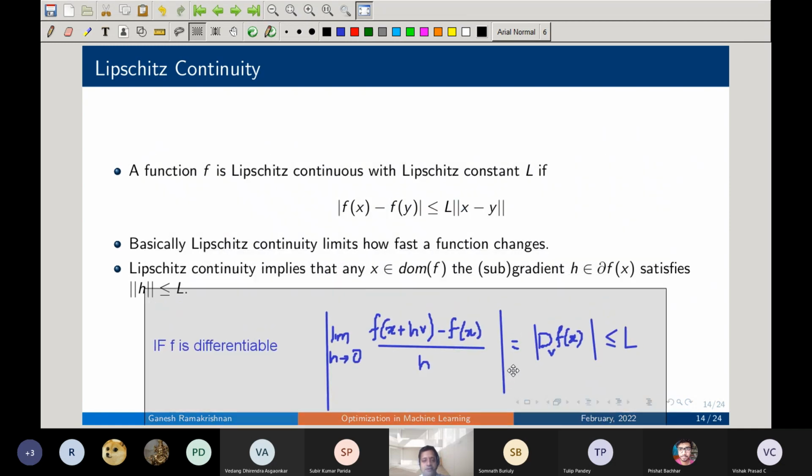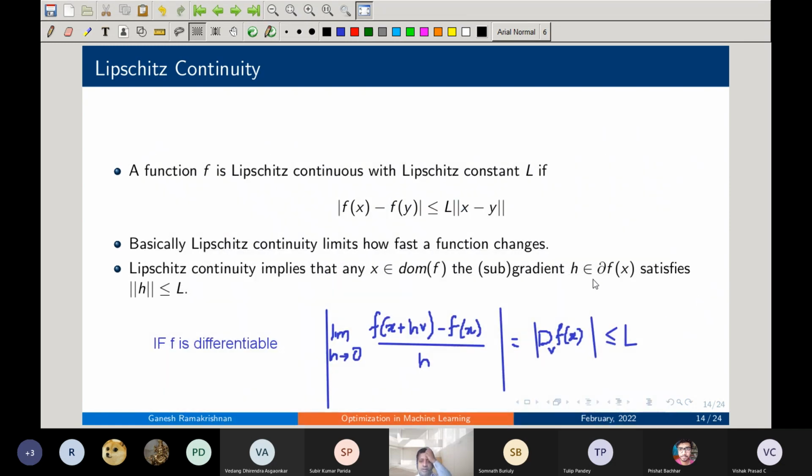If f is differentiable, then we can talk about the directional derivative. Otherwise, in general, you can also talk about the subgradient, and the subgradient norm should be less than or equal to L. All of us know that this directional derivative is nothing but the dot product of the gradient of f at x with v. Then you can basically use Cauchy-Schwarz and so on.